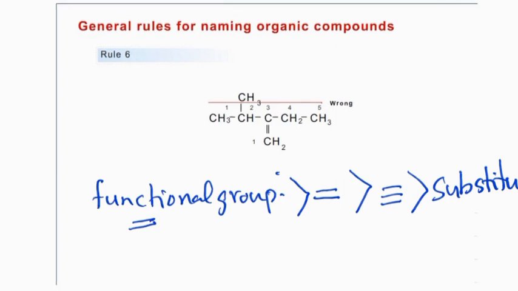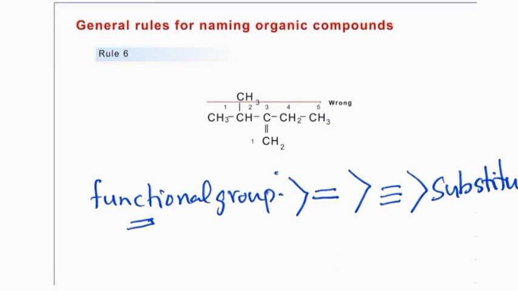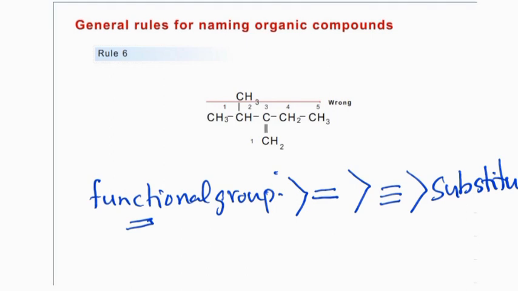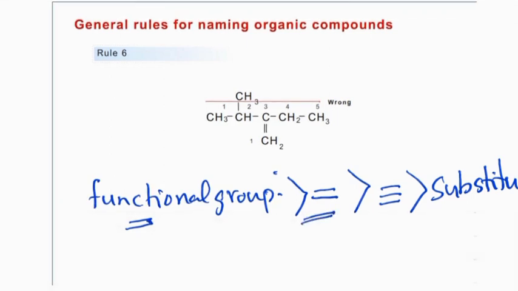So please understand, if there is a functional group, you have to select a main chain which contains the carbon atom attached to the functional group, or if the functional group itself has a carbon atom, that carbon atom must be part of the main chain.